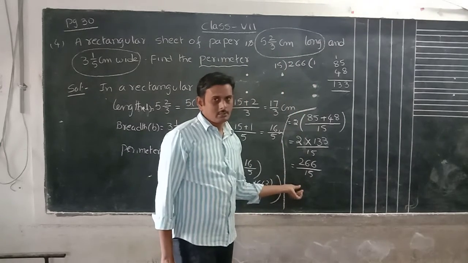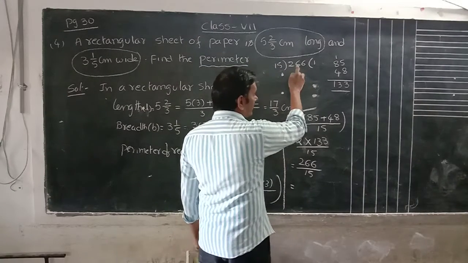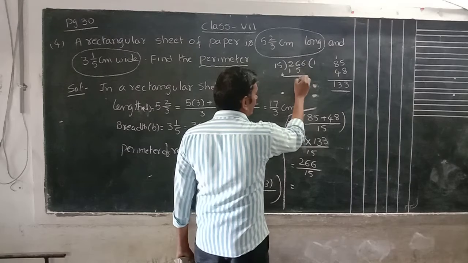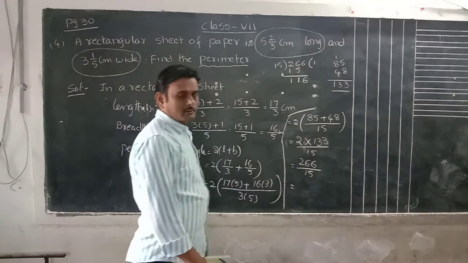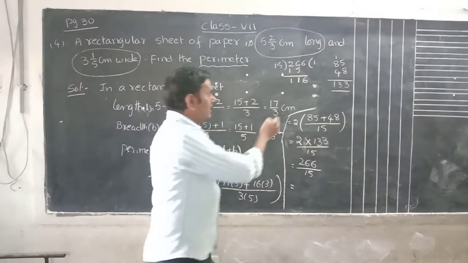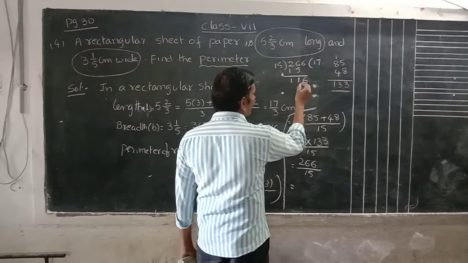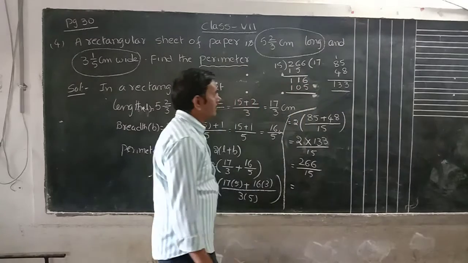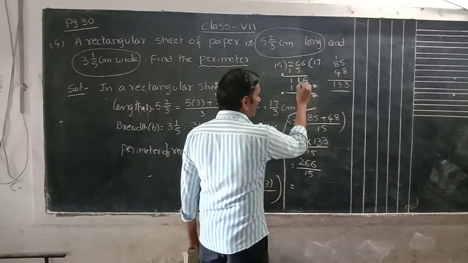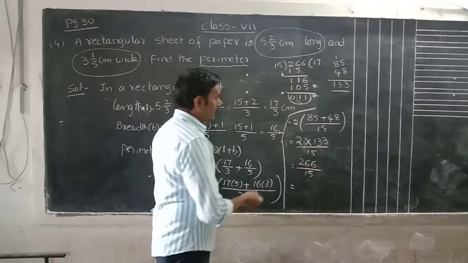To get a mixed fraction answer, divide the numerator by the denominator. 15 times 1 is 15, 15 times 7 is 105. Subtracting, the remainder is 11.